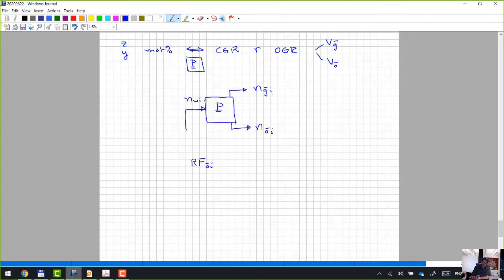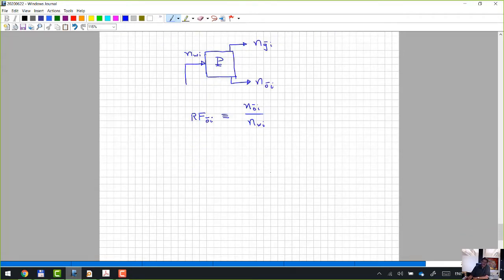So the more of those components we can get into the surface oil condensate, the more value we make. So I'm going to define a recovery factor of the incoming well stream into what goes into the surface oil, given like this over what comes in. Then I'm going to sketch for you how that would look for individual components.